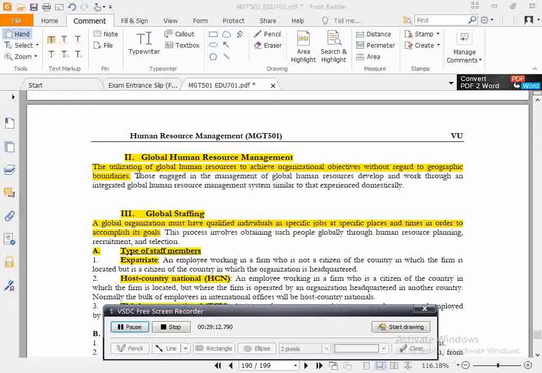Global human resource management: the utilization of global human resources to achieve organizational objectives without regard to geographic boundaries.